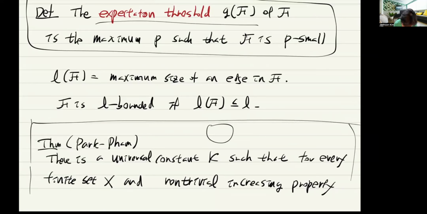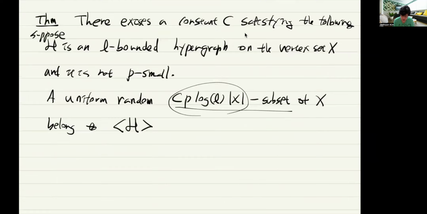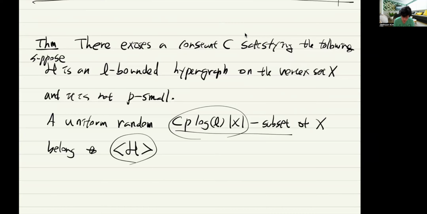Yeah, I made some mistake. This is the maximum size of a minimal set in F. And here, this corresponds to the increasing F, which is the collection of all minimal sets.